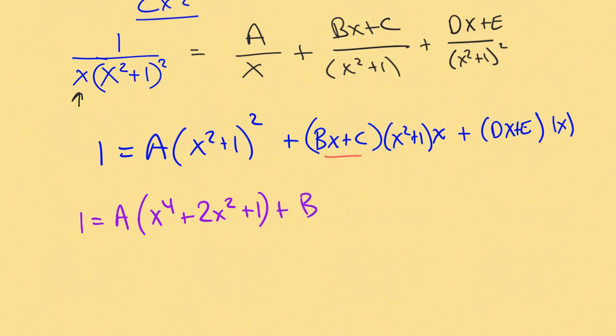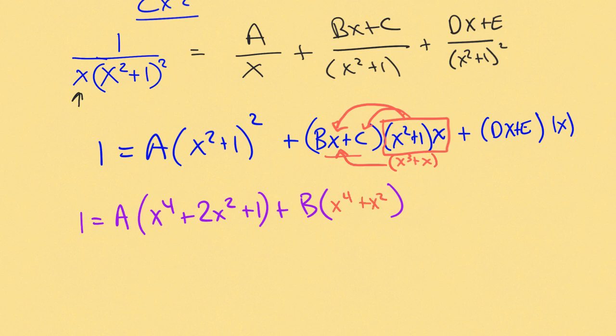Now what I want is B times something. So I'm really taking this whole thing here and multiplying it by that x to get what's multiplied by B. Because that's how you distribute, right? It'll be that times Bx and that times C. So this is really x cubed plus x. If I do x cubed plus x times x, I'm really getting x to the 4th plus x squared.